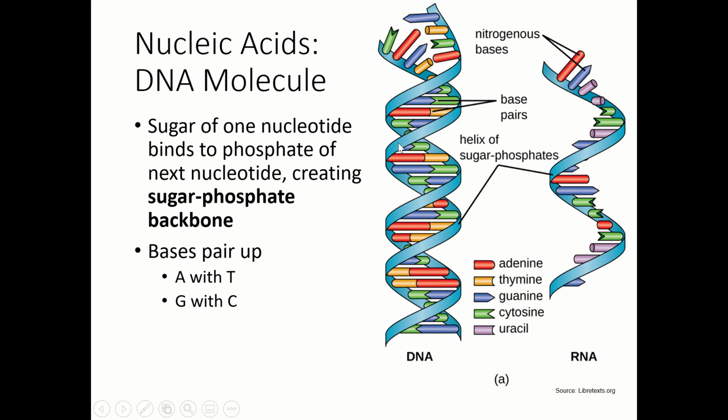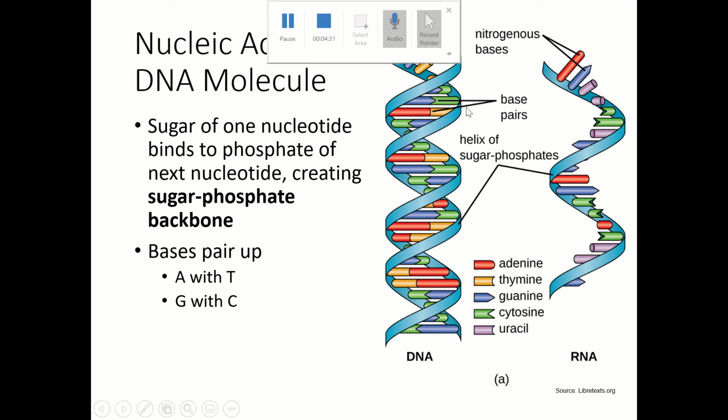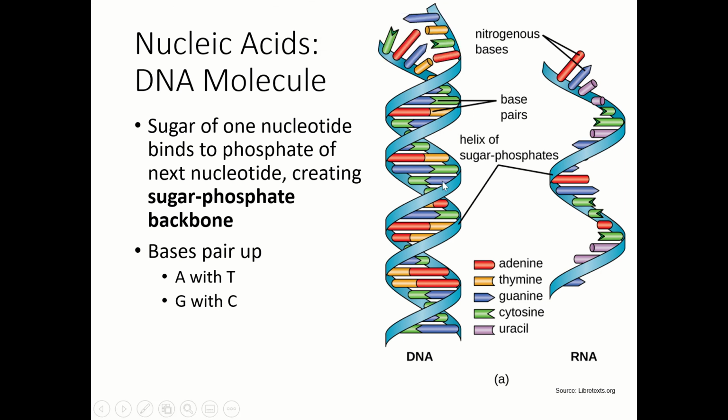So if one strand has, here, the blue is guanine, the other strand is going to have cytosine, okay? If one strand has adenine, the other strand is going to have a thymine. So the bases that are part of the nucleotide bind together across the middle of the double helix, and those are called the base pairs.